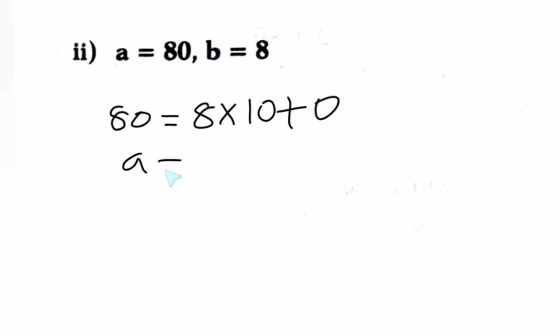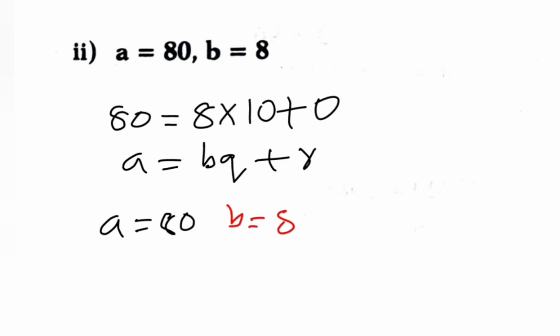It is in the form of a equals bq plus r, where a is 80 and b is equal to 8, q is equal to 10, r equal to 0.